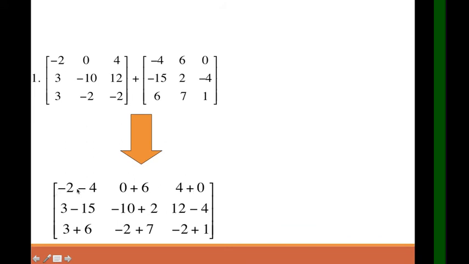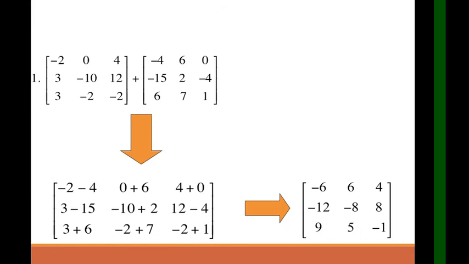Maybe you are wondering why negative: negative 2 plus negative 4 stays negative, and 3 plus negative 15 is negative too. Then negative 10 plus 2, 12 plus negative 4, 3 plus 6, negative 2 plus 7, negative 2 plus 1. Then do the addition of integers, and we get [-6, 6, 4; -12, -8, 8; 9, 5, -1].